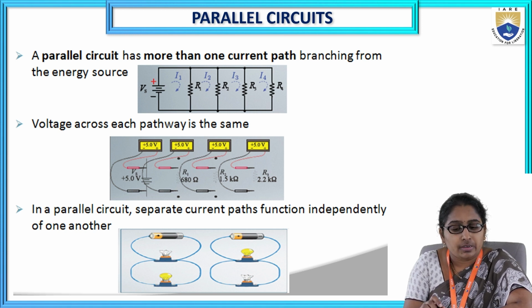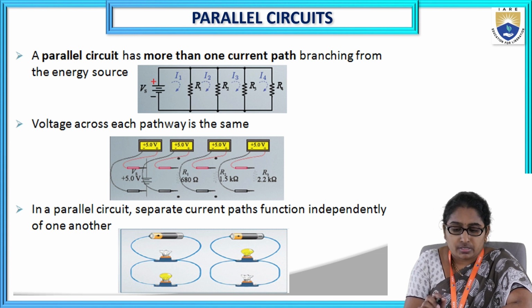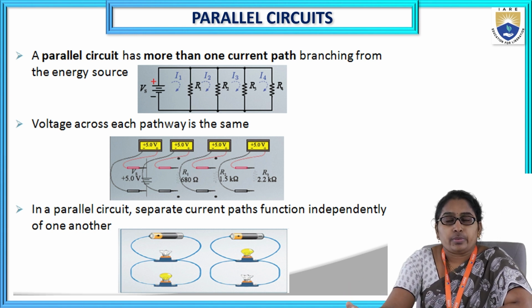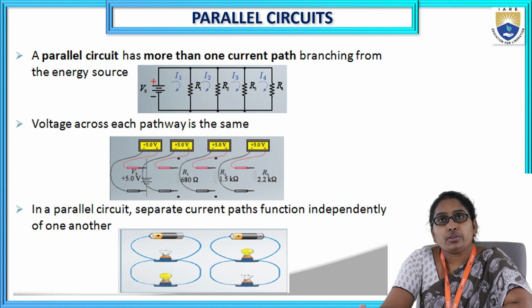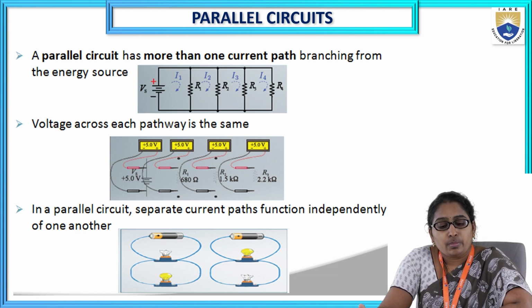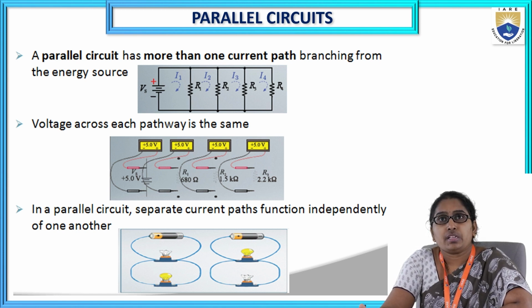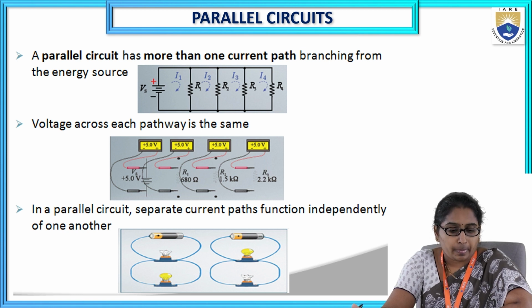Next is the parallel circuit. What is a parallel circuit? A parallel circuit has more than one current path branching from the energy source.